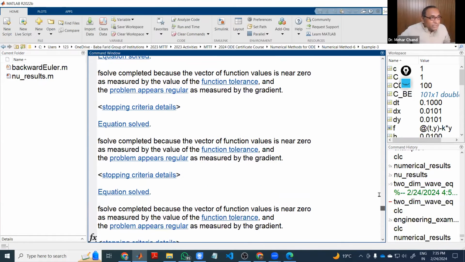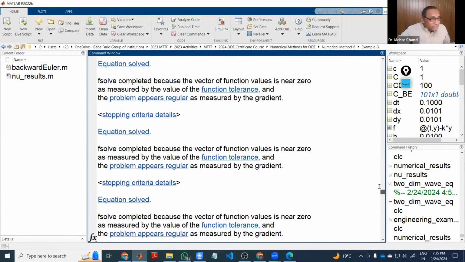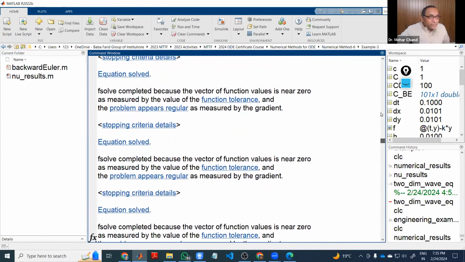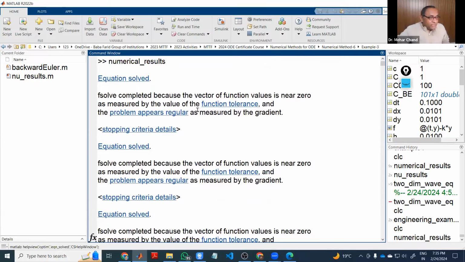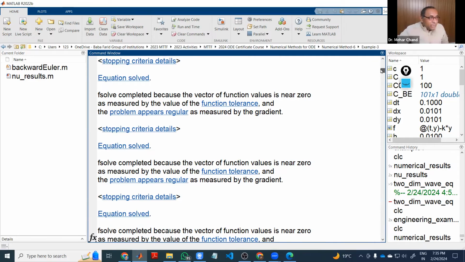When you execute all these functions, you can see in the command window some details about the computing of the backward Euler method. You must go through all these details in the command window. This will help you understand the method better.